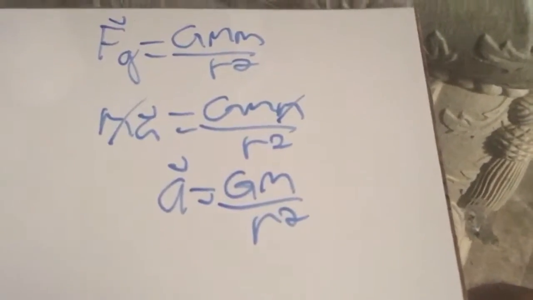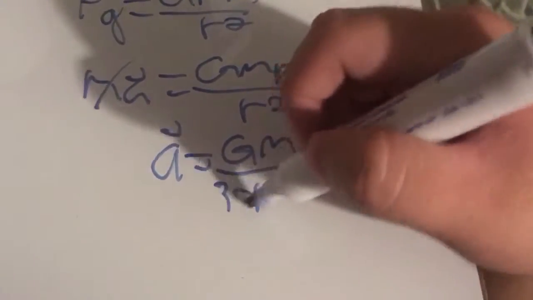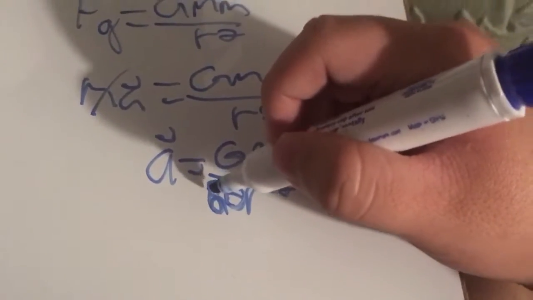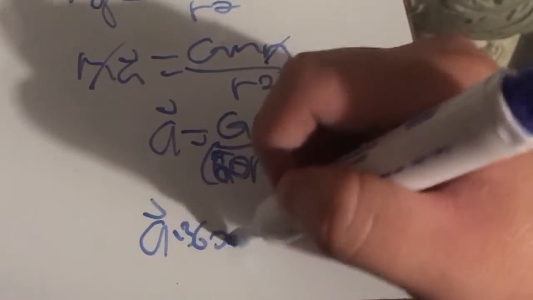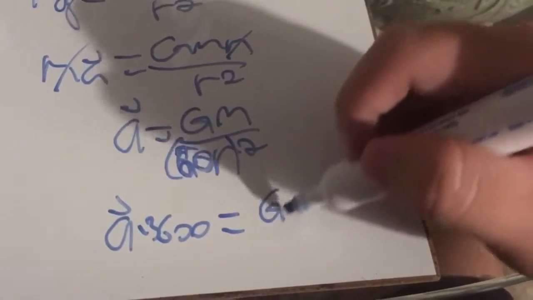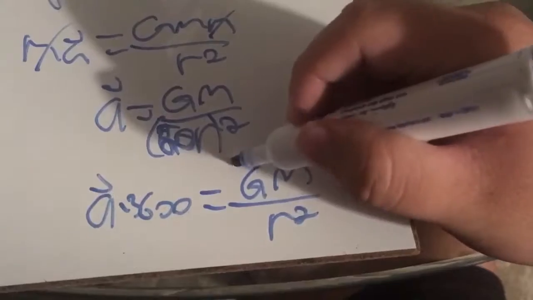Now, at 60 Earth radii away from the center of the Earth, I'm sorry, I meant to say that the acceleration due to gravity would be 3,600 times smaller than the surface acceleration due to gravity at 1 Earth radius, which is this.